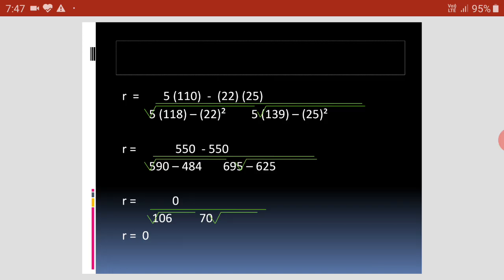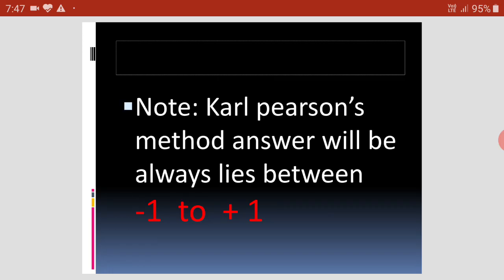Here your first sum is complete. One thing to remember: Karl Pearson's method answer will always lie between -1 and +1. If your answer is between -1 and +1, your answer is right.